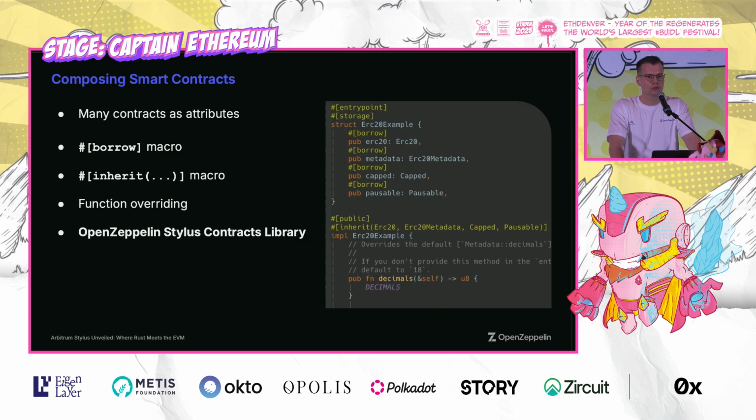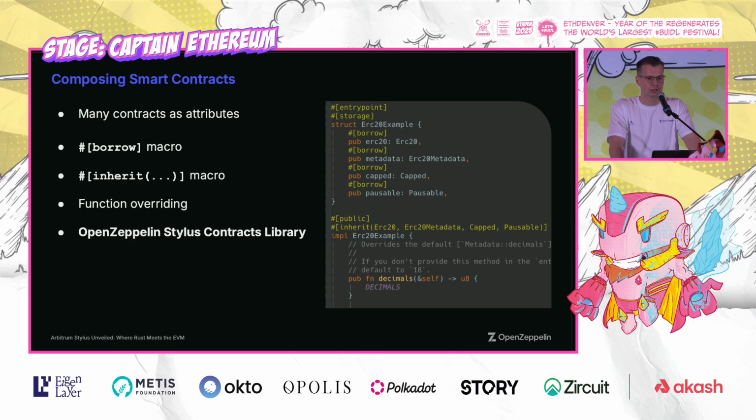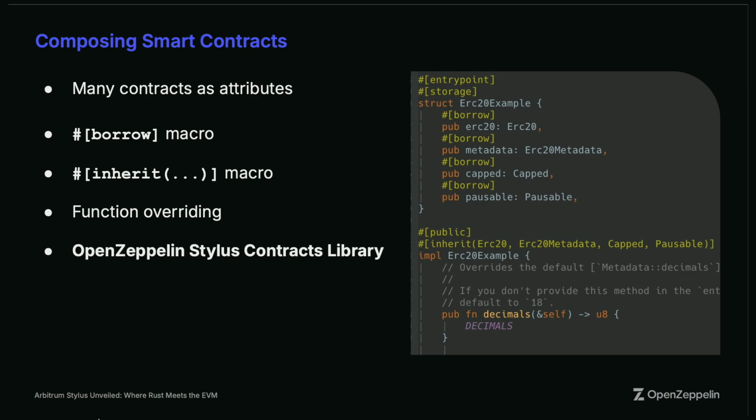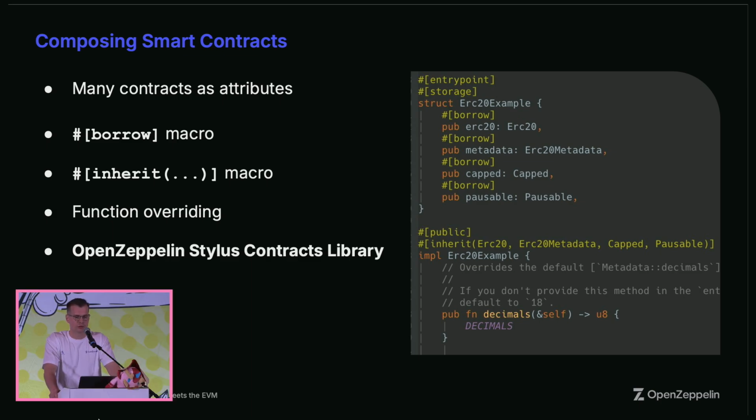Of course, we may want to build more advanced smart contracts that are composed of smaller smart contracts, and it is also possible in Stylus. We just need to create another structure that contains all of the components, all of the smaller smart contracts, and we need to make use of both the borrow and inherit macros.